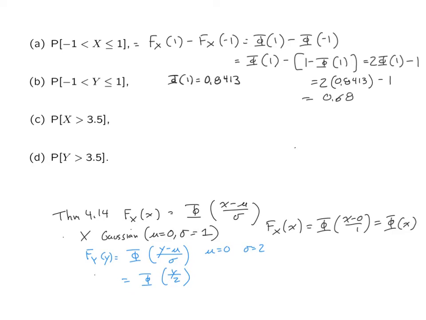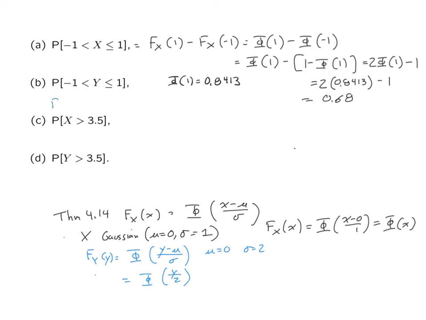Now we take the same steps in part B for y. So the probability that y is between -1 and 1 is the CDF of y at 1 minus the CDF of y at -1. And this is phi of 1 over 2, because the CDF of y is equal to phi of y over 2, minus phi of -1 over 2.